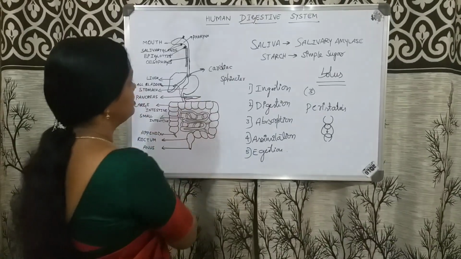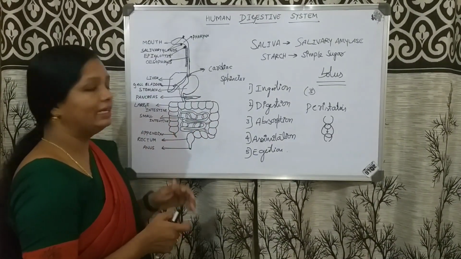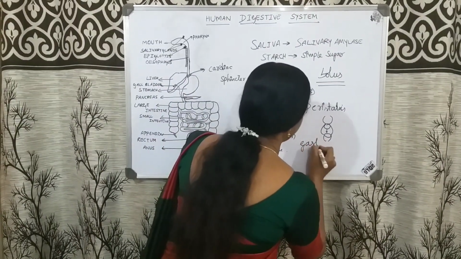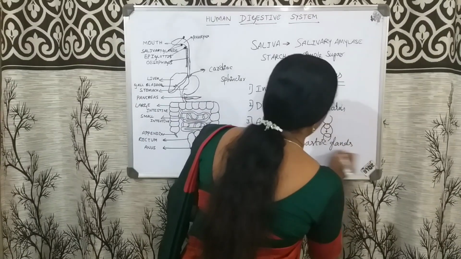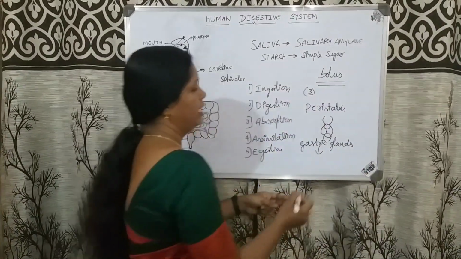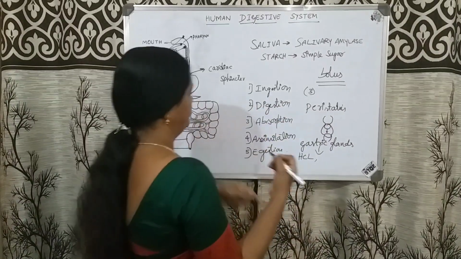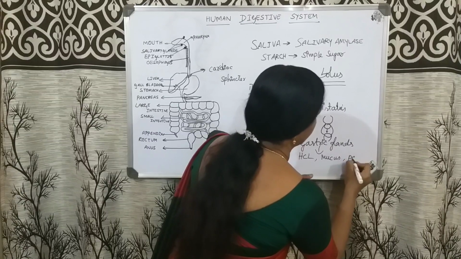The stomach also has gastric glands, which help in secreting HCl, mucus and pepsin.